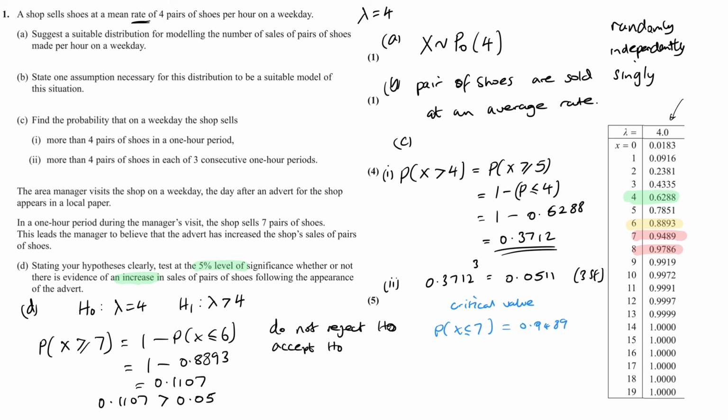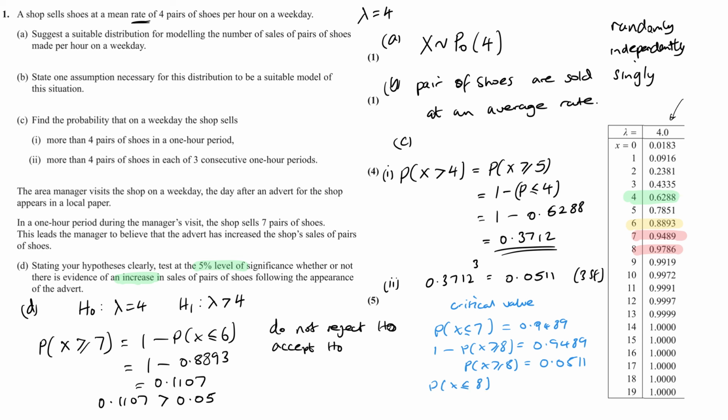And then if you rearrange, this would give me 1 minus 0.9489, and this is 0.0511.